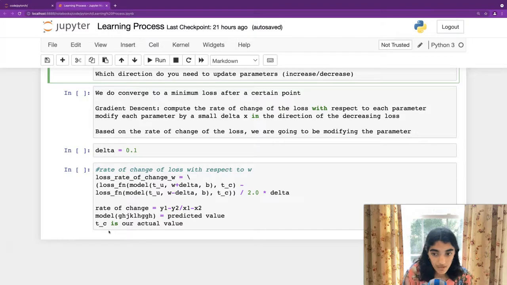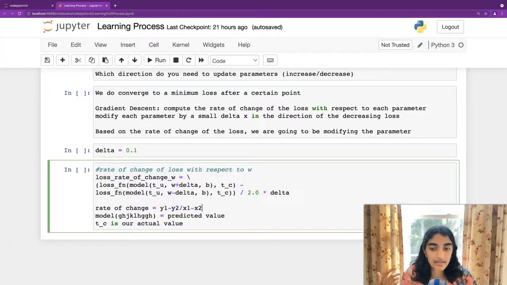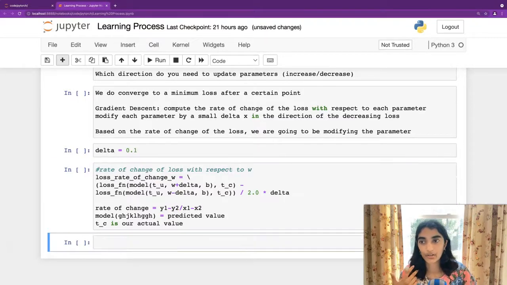Okay, so as we update our parameters, how much is the loss decreasing? How much are we getting closer to our goal? That's what we want to know, and that's what we are figuring out here. Based on that, we can update our parameters.